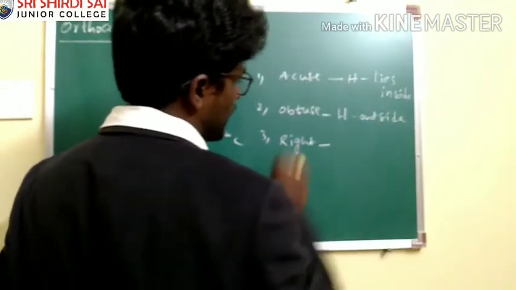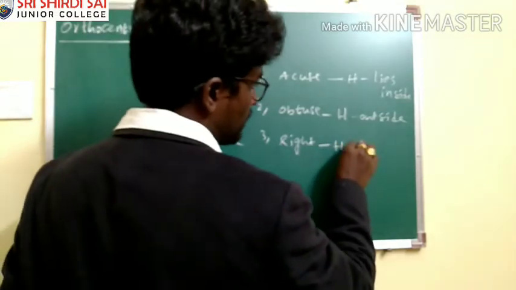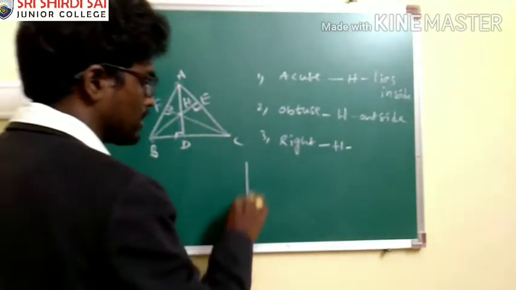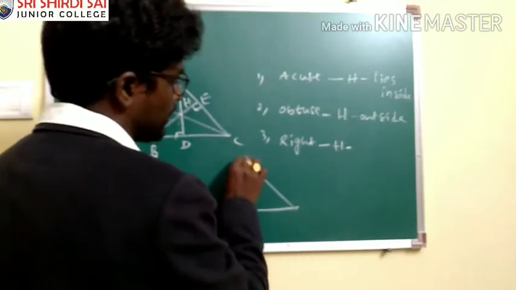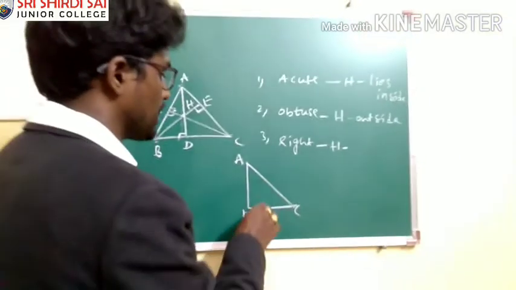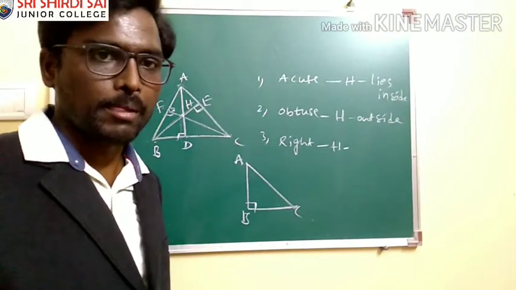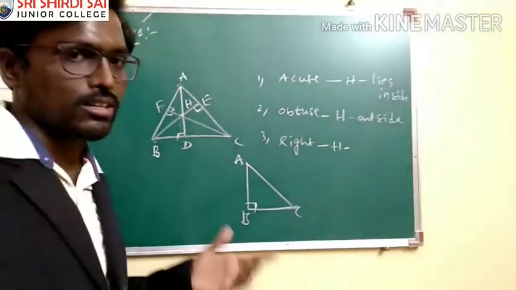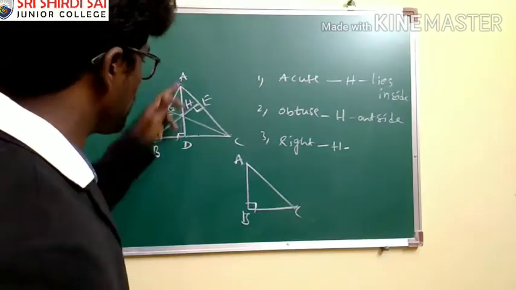And in the case of the right angle triangle, the orthocenter is the point of intersection of the perpendiculars we are taking. Suppose we take the right angle triangle ABC, right angled at B. The definition of orthocenter is the point of intersection of altitudes.